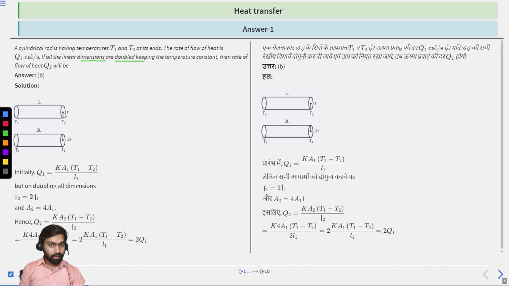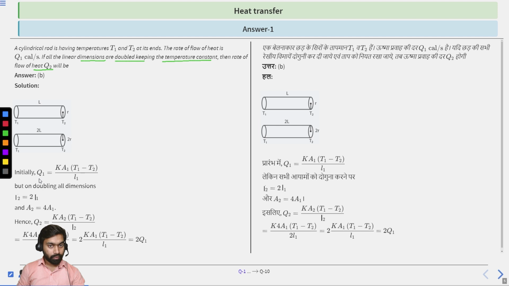Similarly, the radius R becomes 2R in the second rod. It means all the dimensions of this cylindrical rod are doubled, keeping the temperature constant, which is given in this question. So we have to calculate heat Q2.